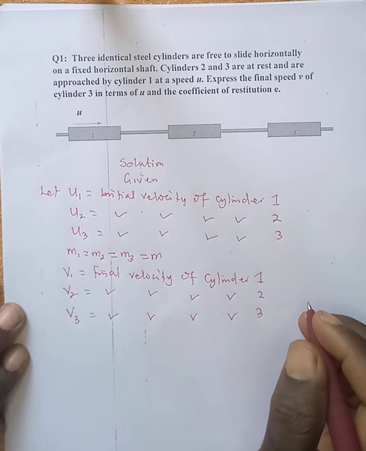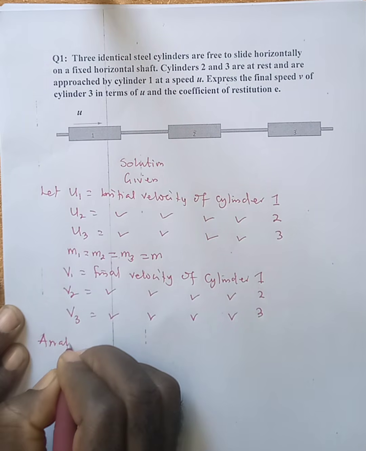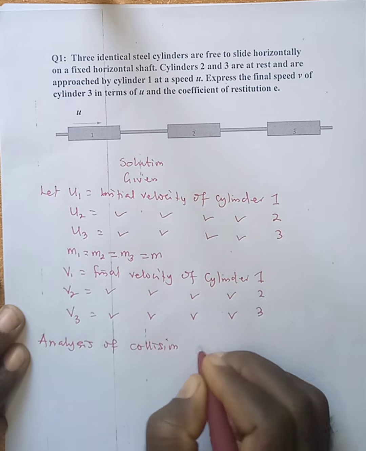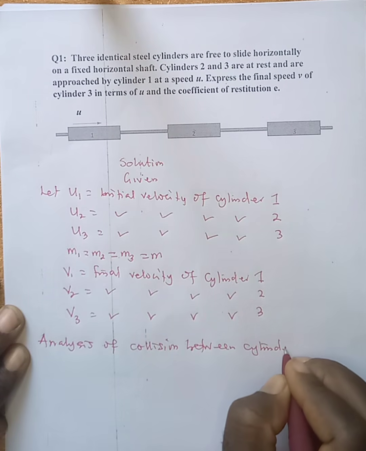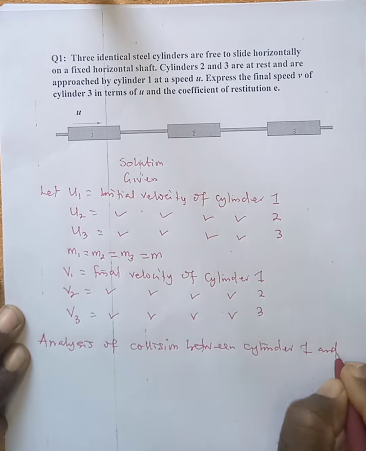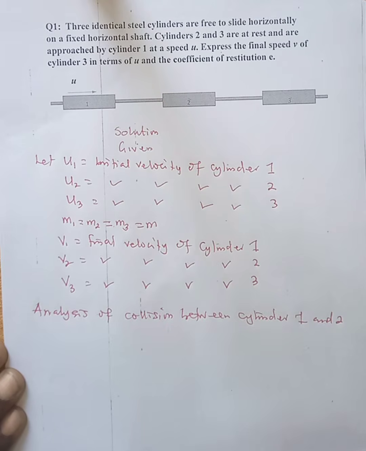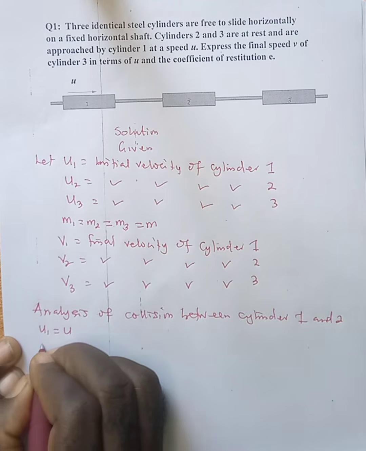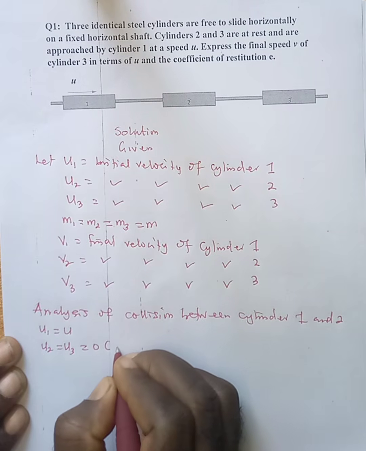Now, let us take a look at the analysis of collision between cylinder 1 and 2. We know that u1 is equal to u and u2 is equal to u3, which is equal to 0 because both of them are at rest.